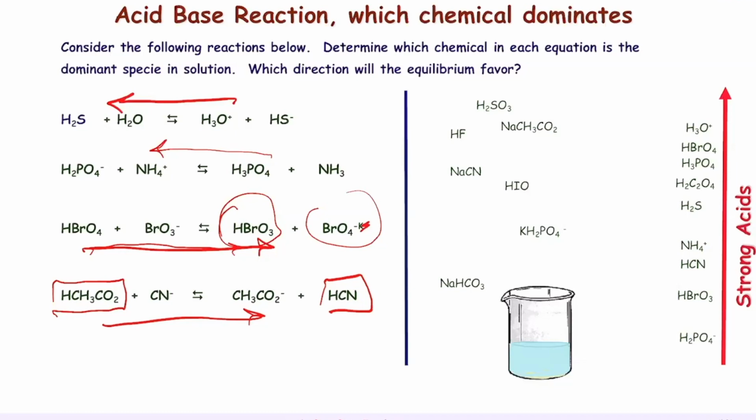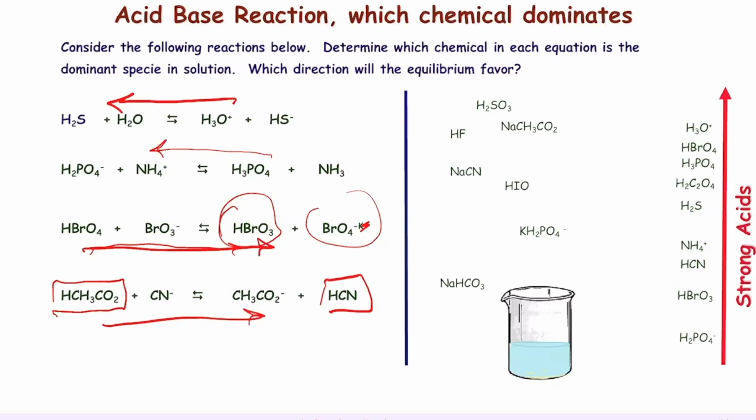So I just want you to be aware of that, because those are some of the questions that you might see in this chapter, where you're given a reaction and it's going to ask you which is the chemical that is going to be the majority in your solution. You have to look at the competing acids, because those acids are going to compete in terms of donating the hydrogen.